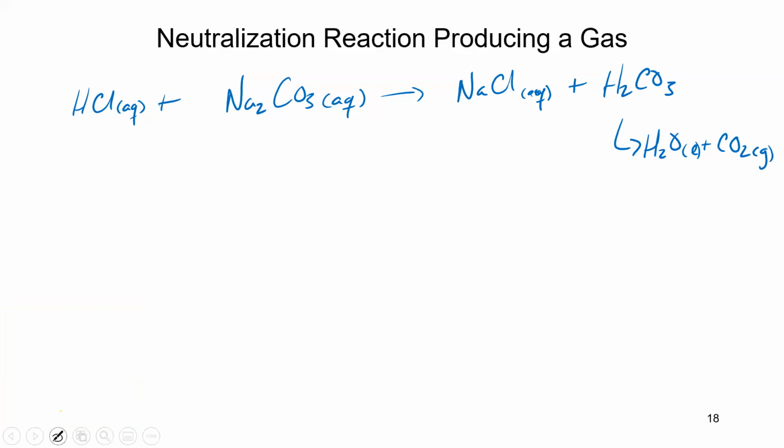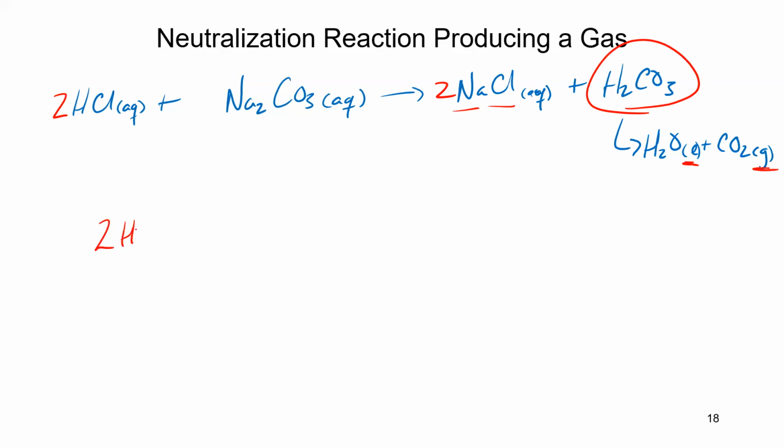So let's put a 2 here and a 2 there. So that was absolutely right. Really, we can just ignore this piece because it's going to break down into water and carbon dioxide. Our net ionic equation has 2 products now. This is a liquid, it's not going to be ionized. This is a gas, it's not going to be ionized. But Na and Cl will be.